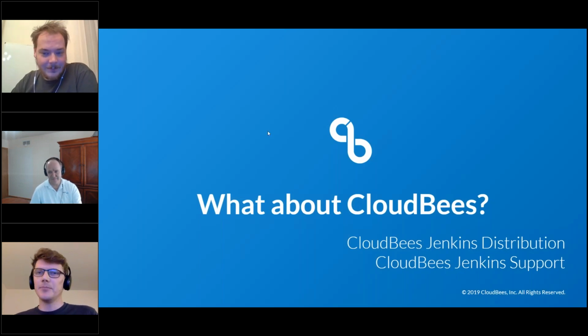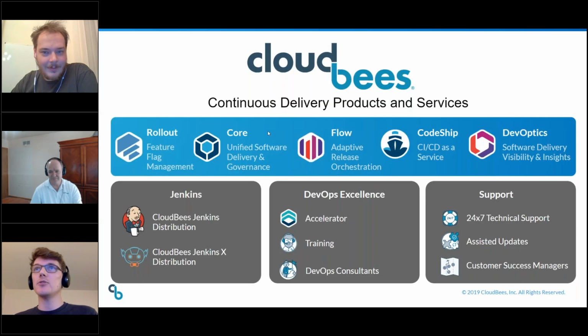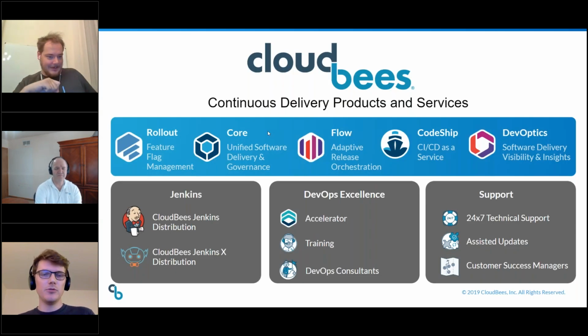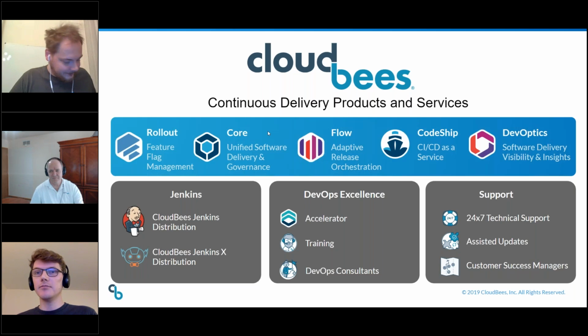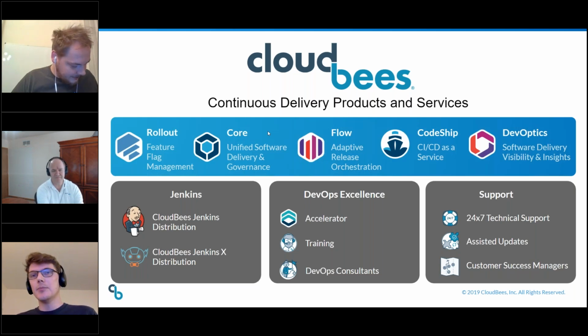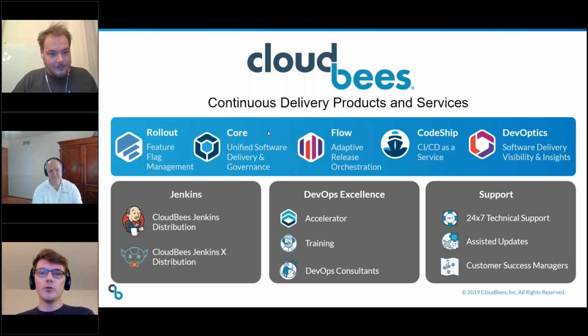So in CloudBees, we have a set of products and services to help your pipelines, your continuous integration and continuous delivery processes, to get your products to your users as soon as possible. For that, we have multiple products that you can see here, and we will be speaking more precisely about two of them and services.